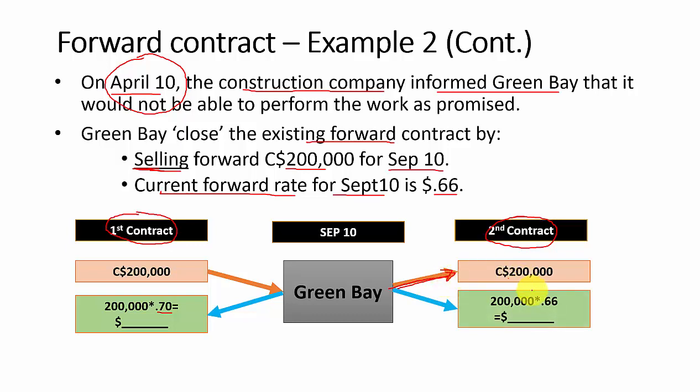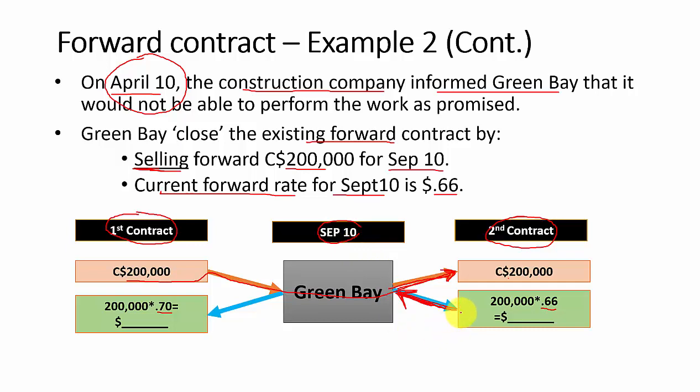According to the new contract, for 1 Canadian dollar, it gets 0.66. So the total value will be 0.66 times 200,000. So look at that. You can see that the 200,000 Canadian dollars received from one contract will be used to pay the other contract. So on September 10, Green Bay has no balance in Canadian dollars.